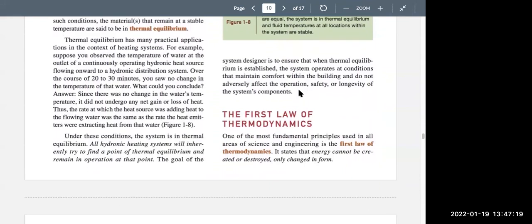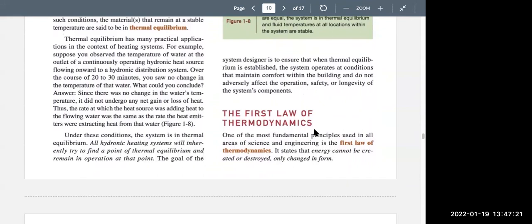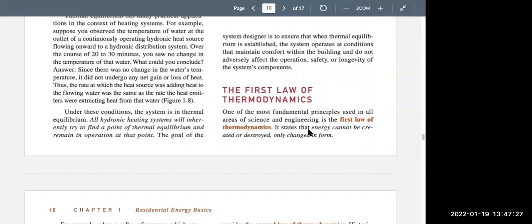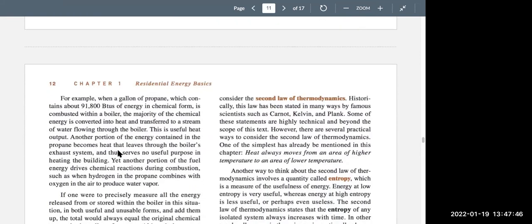Okay, we already talked about thermal equilibrium. Let's move on to the first law of thermodynamics, which we all should know as energy people. The first law of thermodynamics states that energy cannot be created or destroyed, only changed in form. So we're always going to need to remember that.